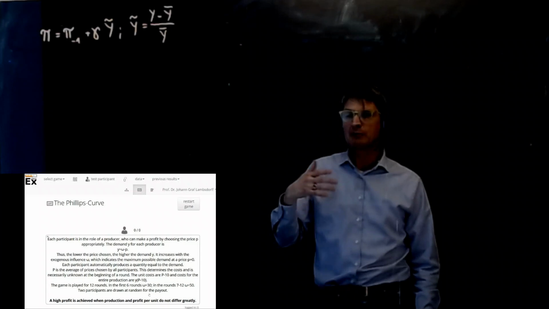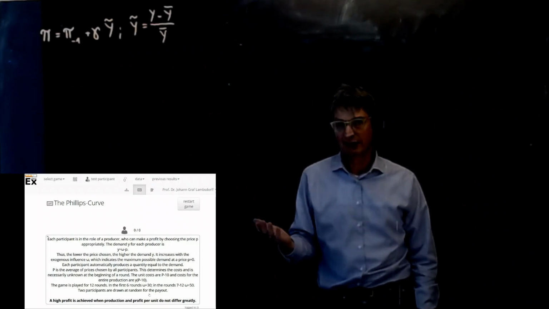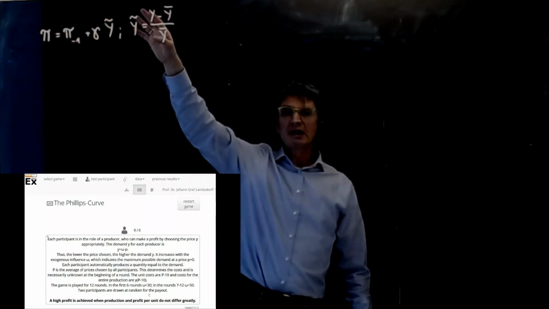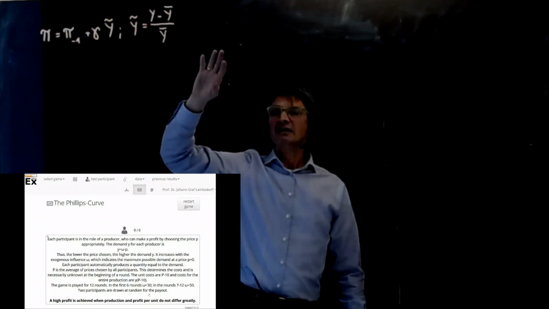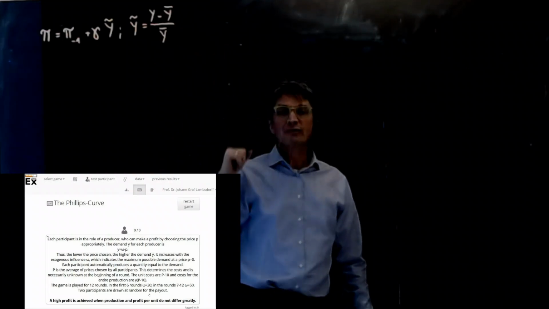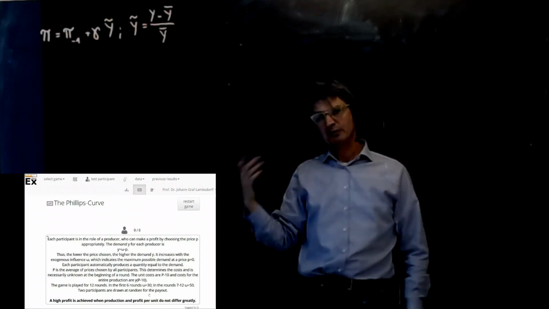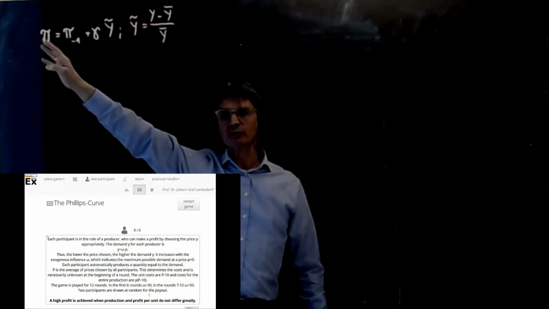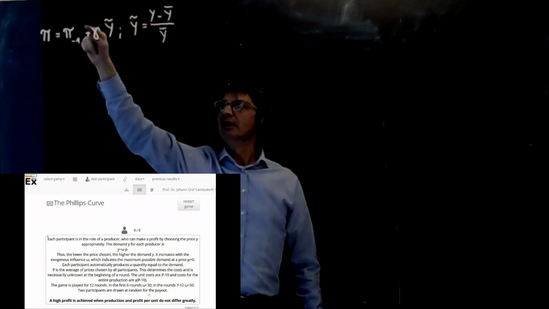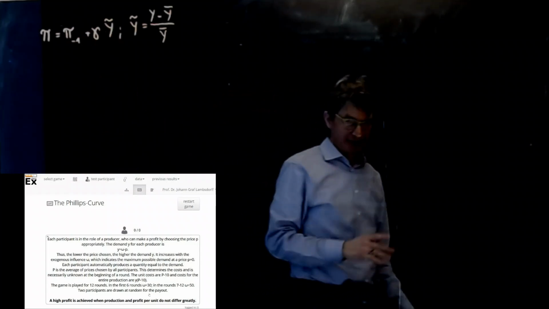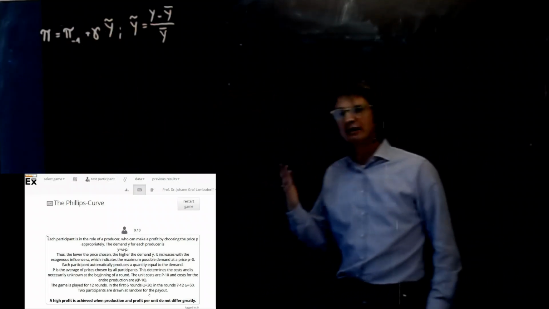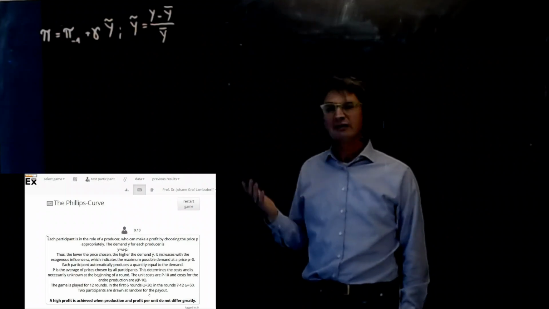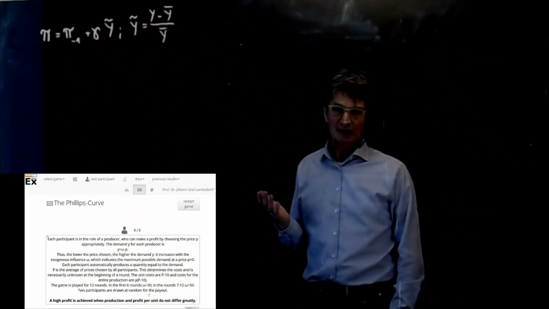There is no upward pressure on inflation. But if demand is in excess, maybe let's say 2% above the potential level, then these 2% will push upward inflation by the parameter gamma, and this gamma is the inverse of the price elasticity of demand.